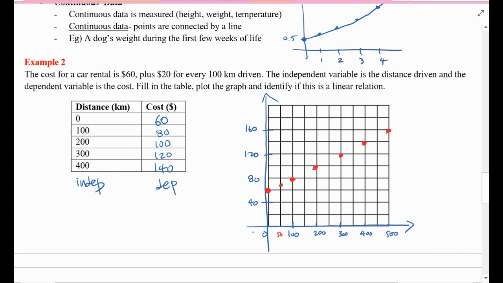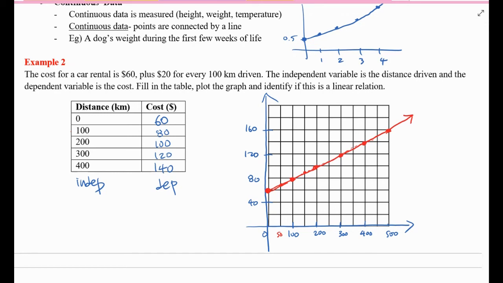So the point will be plotted here. And if you drive 150 kilometers, they will charge you $110. The point will be placed here. So if you put all the points in between 2 points, that will form a linear line. So it makes sense to join the points. So this is continuous data.